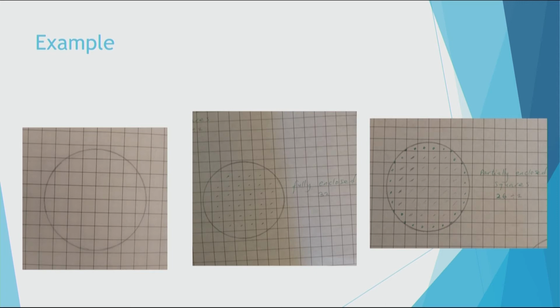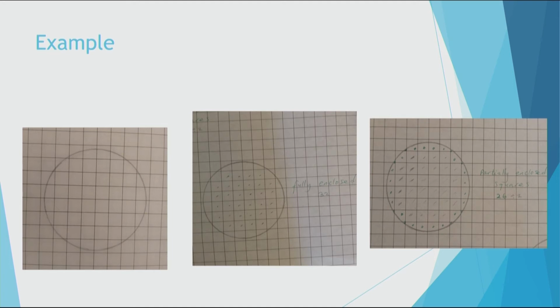So these are the ones that you can see closer to the circumference. If you count them, you find that there are 26 in this example.